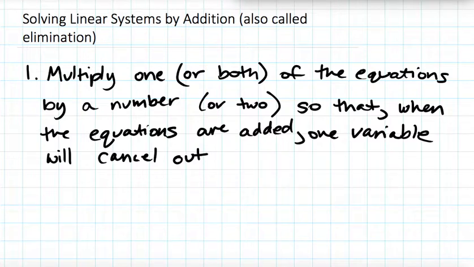So that's our goal with addition, that when we add the two equations together, one of the variables cancels out and we only have one of the variables left, then we can solve the equation for that variable.